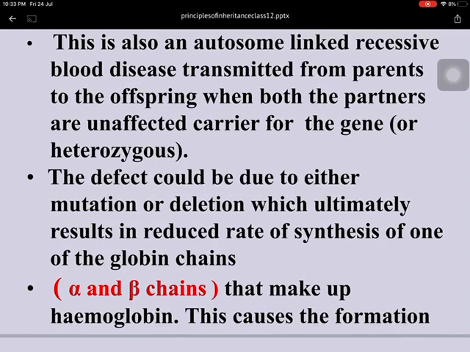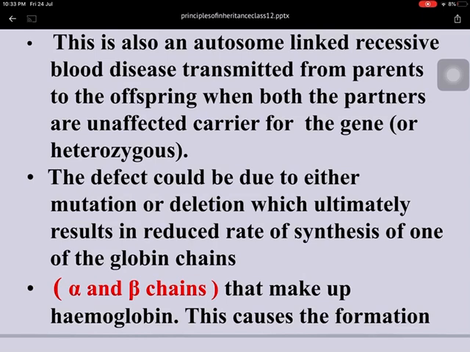Third, you have studied sickle cell anemia, in which what happened? Instead of glutamic acid, valine forms, which changes the structure of RBC from biconcave to sickle shaped. So here a qualitative change takes place in sickle cell anemia. But in the case of thalassemia, the alpha and beta chains that help in the formation of globin protein are actually affected.